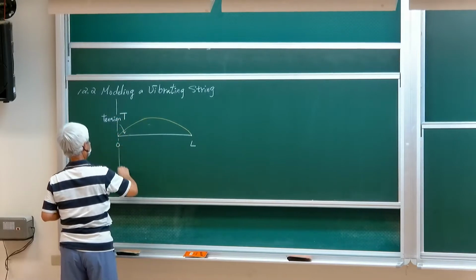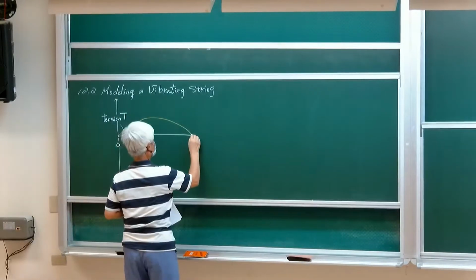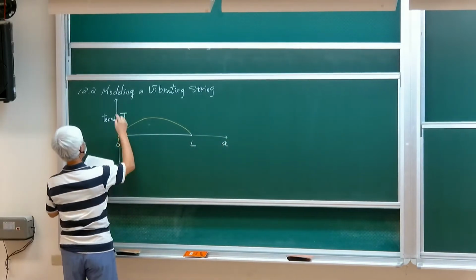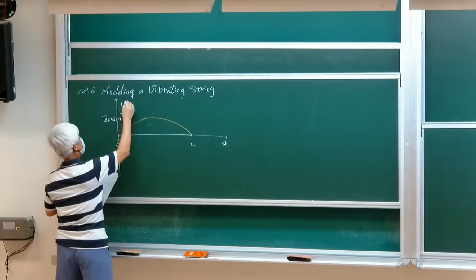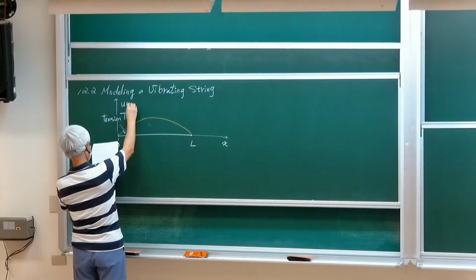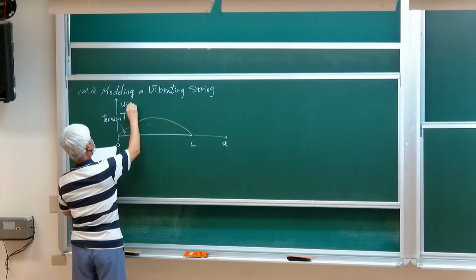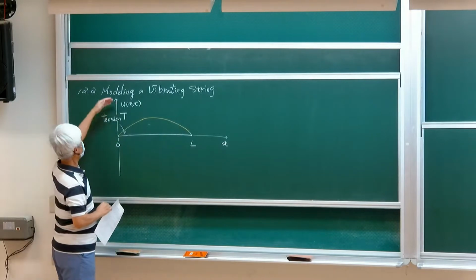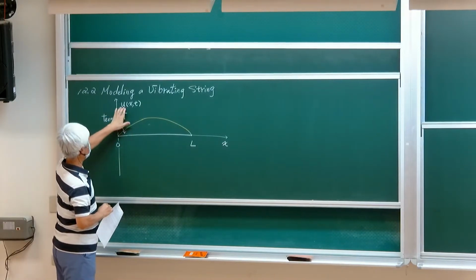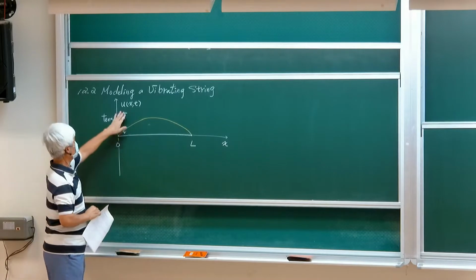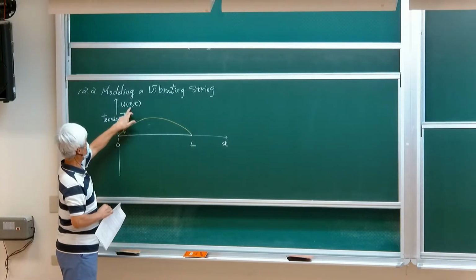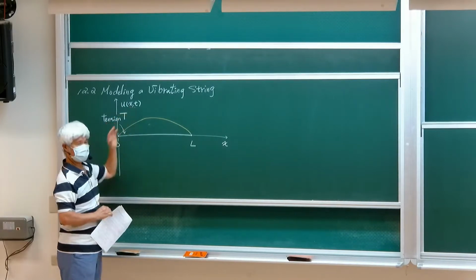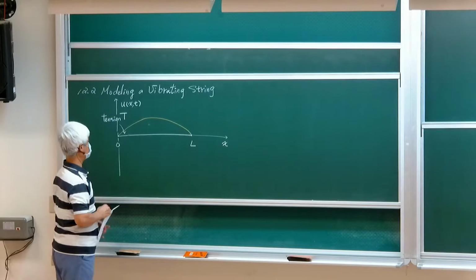This is the x direction, and the vertical deflection of the string will be represented by a function u. So u is a function of the spatial variable and also the time variable.